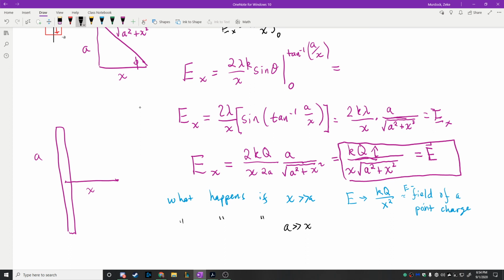What would this reduce down to, you guys think, if I take a to be bigger than x? Like, way bigger. What do you guys think? What would this mean? This would mean x is tiny. So you're right up here, right next to the rod at that point.